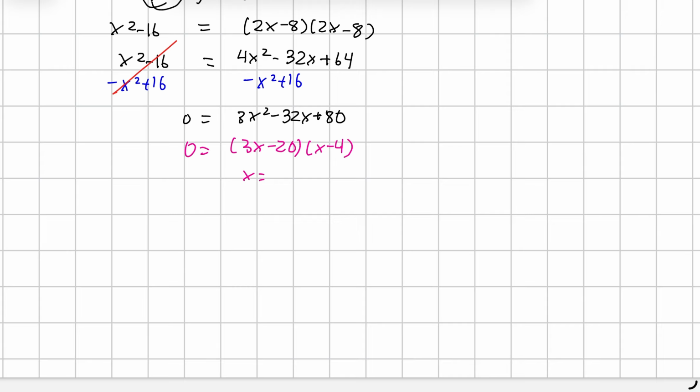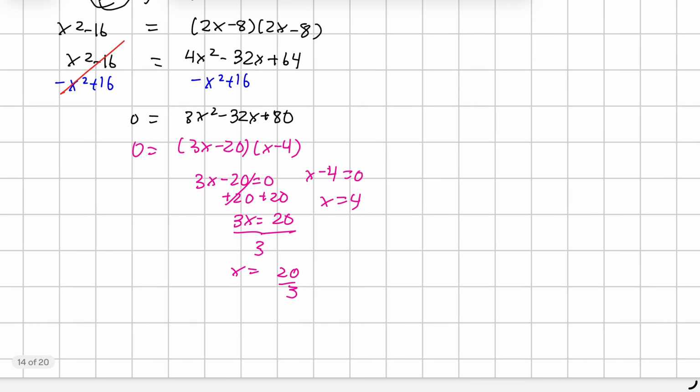So x is equal to, setting 3x minus 20 equal to 0 and x minus 4 equal to 0, you get x is equal to 4. You could add 20 to both sides, and you have 3x is equal to 20. So then you divide everything by 3, and x is equal to 20 over 3.